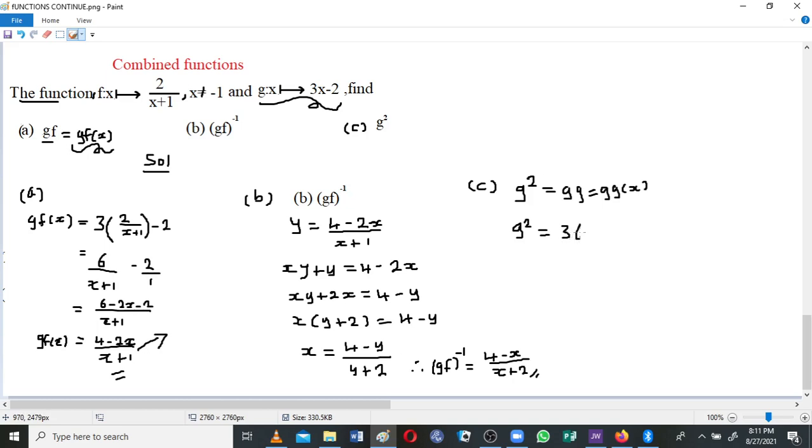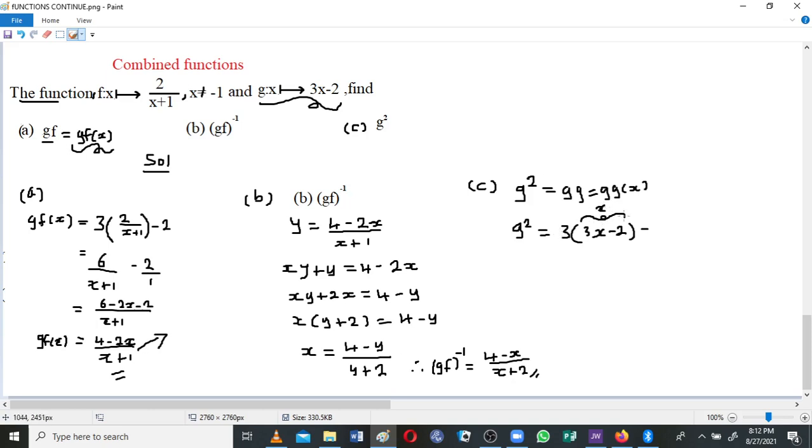Instead of 3x minus 2, we substitute the other function, which is 3x minus 2. The whole thing in the bracket represents x, so it has been substituted.